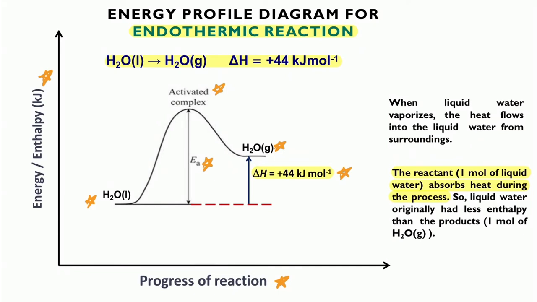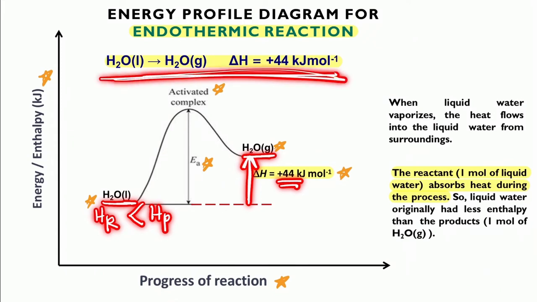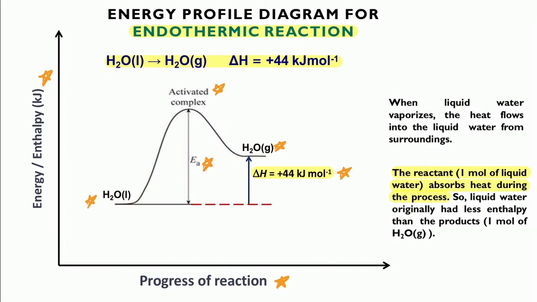If you draw your energy profile diagram, the enthalpy of your reactant will be smaller than the enthalpy of your product. So your product is up here and your reactant is down here. When you draw the arrow for enthalpy change from reactant to product, it goes from down here upwards. This means energy is absorbed for this reaction to happen. Then we have our activation energy as usual. So that's how you draw it.